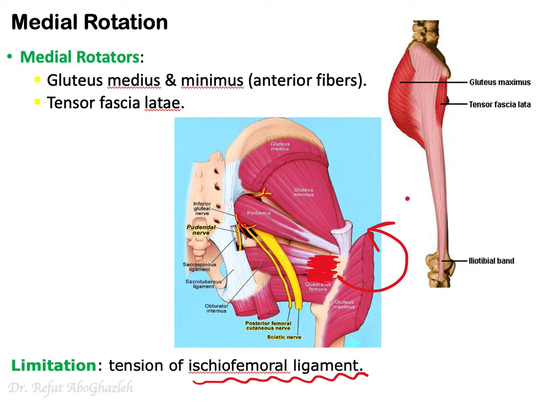The medial rotation is usually performed, as you see here, by the gluteus medius and minimus, because they attach to the greater trochanter here, so closer to act as a medial rotator, in addition, of course, to the abduction. I want to talk about the anterior fibers that help in the medial rotation, in addition to the tensor fasciae latae as well.